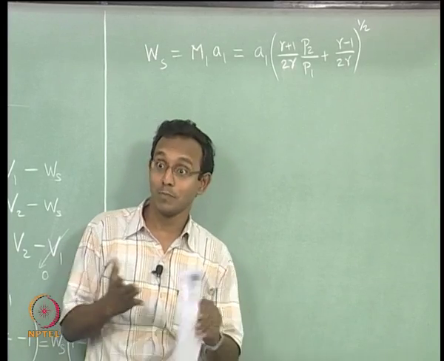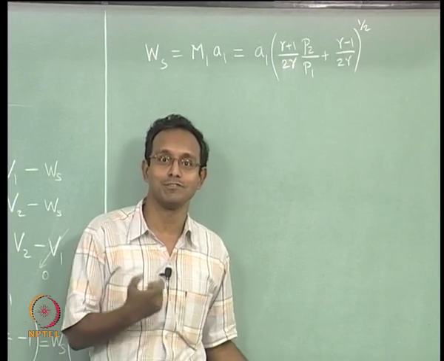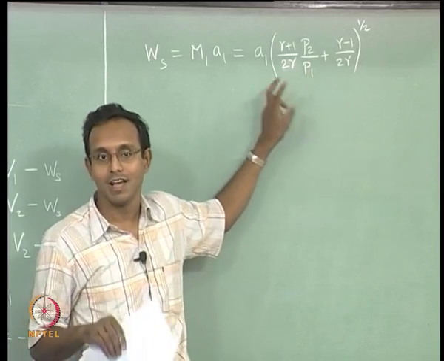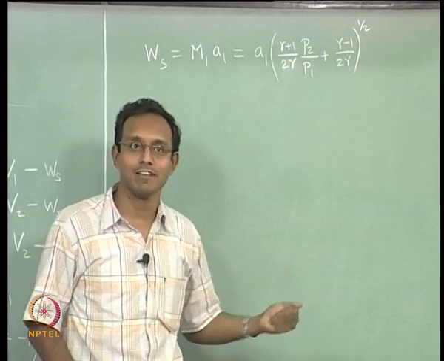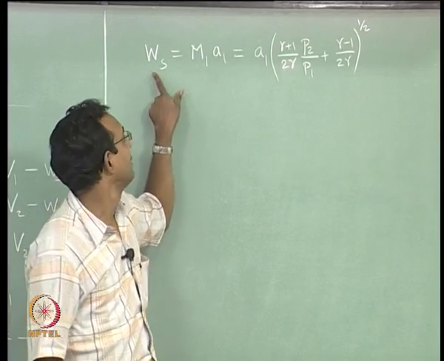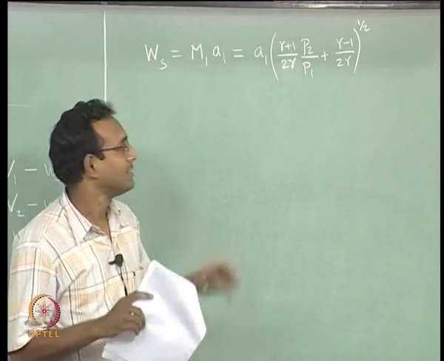How much compression can the shock give, that is called the strength of the shock. So if I give the strength of the shock and the medium in which it is travelling, we can tell at what speed it will travel. That is the idea. That is why we write it like this.